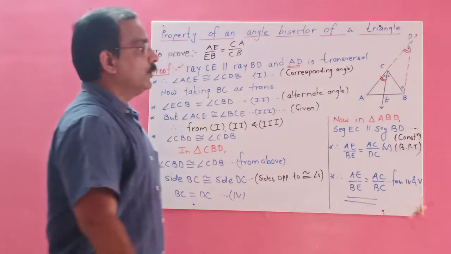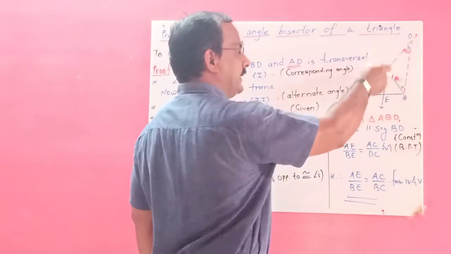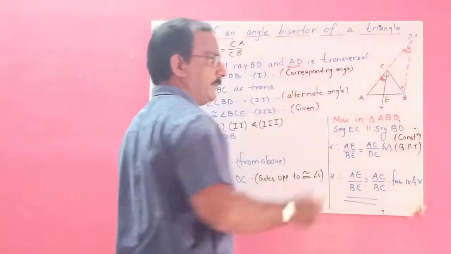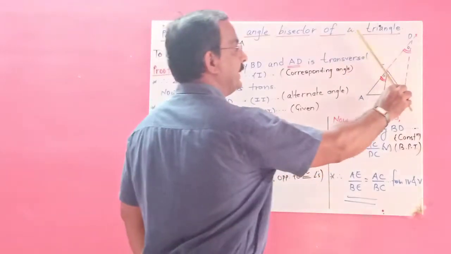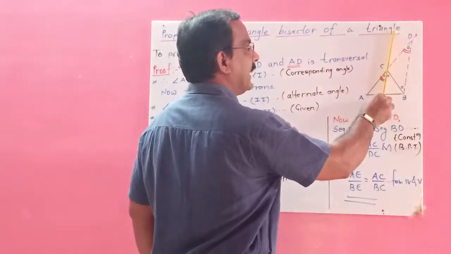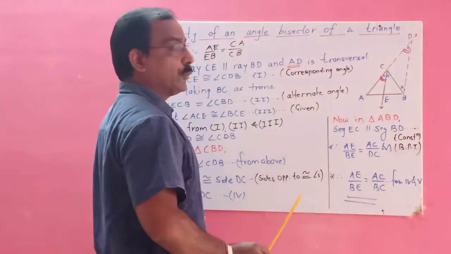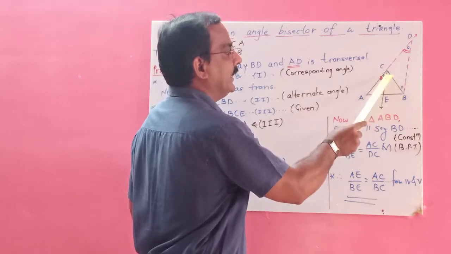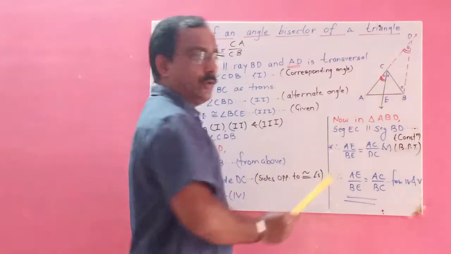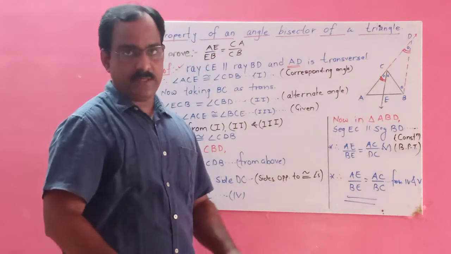Same way, you take again these two parallel lines, that is CE and DB. But this time, transversal is BC. These two are parallel and this is your transversal. So what will happen to these two angles? These two angles become congruent. Why do these two become congruent? Because these two angles are alternate angles.